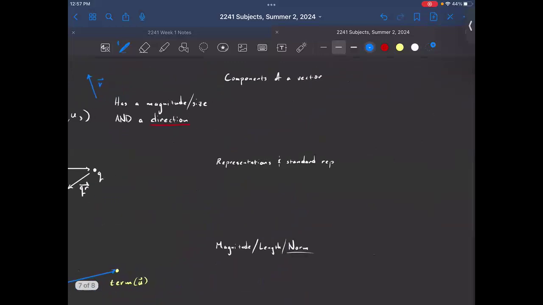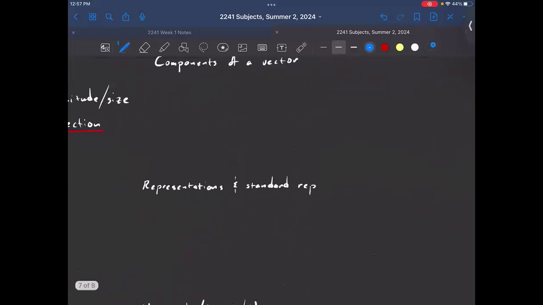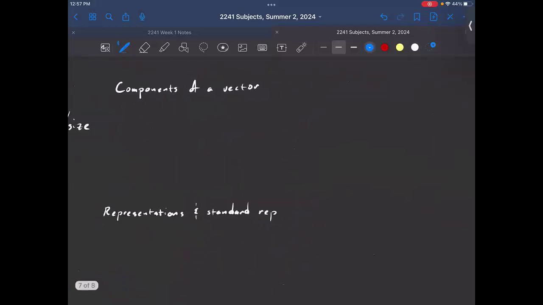All right, going on to the next term, we have the components of a vector. So now we're starting to talk about algebraic stuff. The components of a vector u, we need a coordinate system to be defined. So we have x and y, and then u is thought of as being embedded in this system.